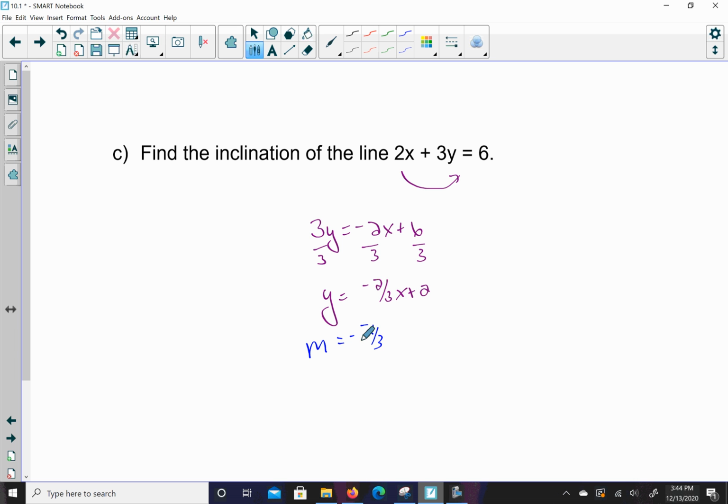So when I put that in my calculator, I start off with a tangent of theta is equal to negative 2/3. So I'm going to end up doing the inverse tangent.